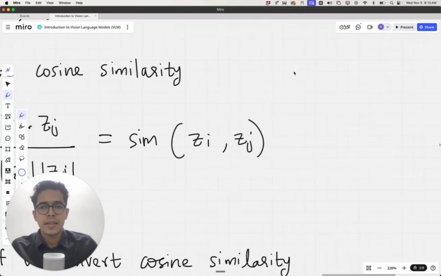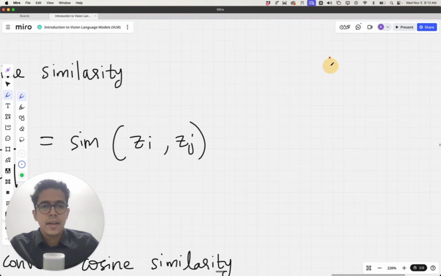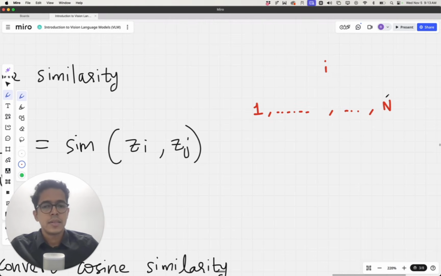So let's consider how the similarity will look. I is the anchor, and then you have a bunch of j values. j can run from, let's say, 1 to n, because there are n number of images.